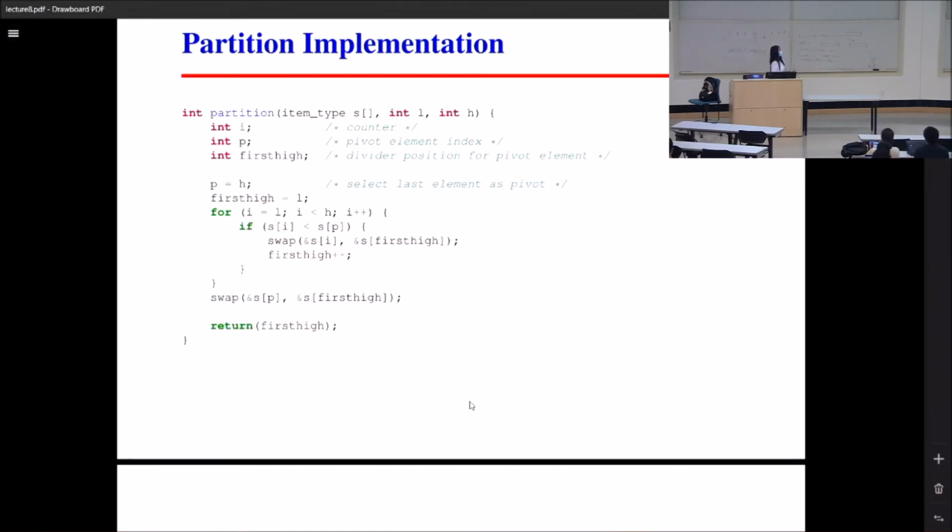This is how you find the pivot point index, and it also sorts the array around the pivot point. One thing to note is that this is an in-place algorithm, so you don't need extra memory or extra space for that. You can simply do a swap.